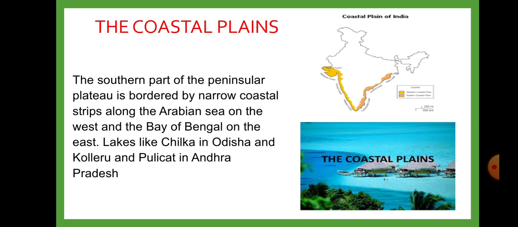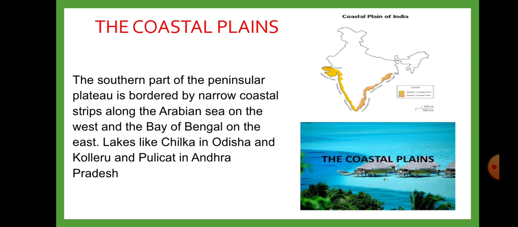The coastal plain. As you can see in the India map, the location of coastal plain is in the extreme south of India on the either side of the southern part, that is west and east, and both the coastal plains meet at Kanyakumari.